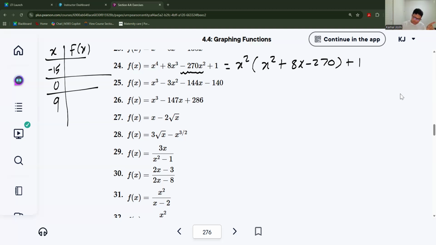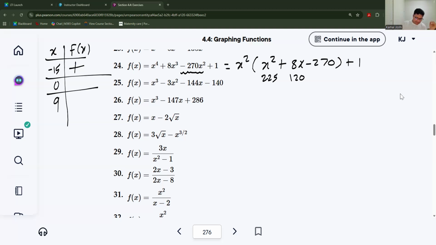Now at minus 15, this will be 225. This will be 8 times 15, which is 120. That's positive. Overall, it's going to be 225 plus 120 minus 270, which is not able to make it negative. So this value is something positive.